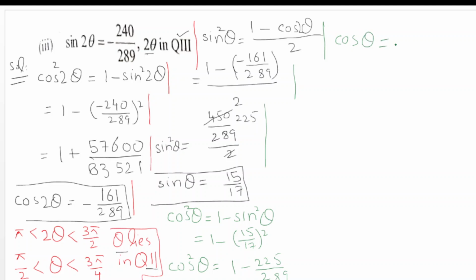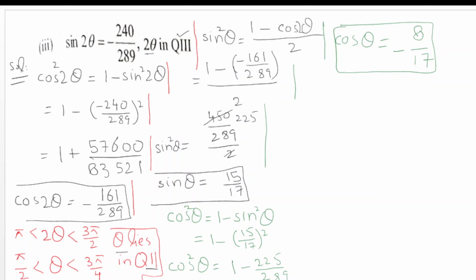Cos theta will be equal to, after taking the LCM and square root, 8 by 17. Okay. So now we have to decide the positive or negative sign for cos. As theta is in the second quadrant, in the second quadrant cos is negative. So I hope you understand.